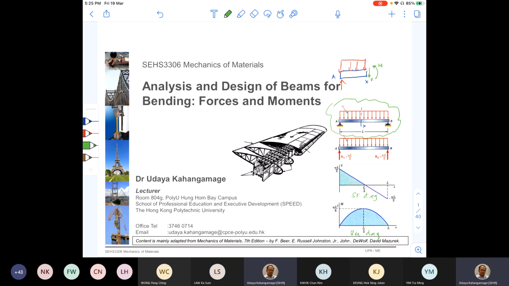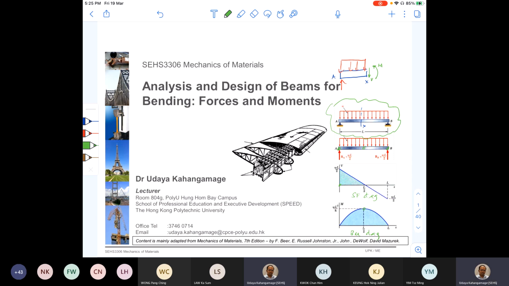Now we know that bending moment is maximum at the middle of this beam, and the shear force is maximum at the two ends, here and here. So if this is going to fail by shear, it's going to fail at A and B. If this is going to fail due to bending moment M, it should fail at the middle, right?